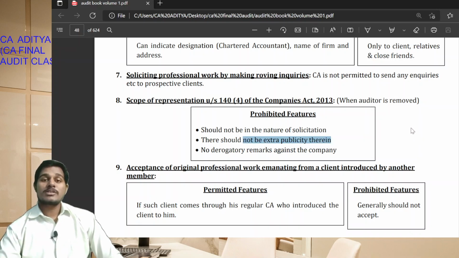If he is removed from the company, when he goes to the meeting he should not tell about his professional attainments, or that he has a high level of knowledge and skills for doing the audit, because it will amount to soliciting clients. Okay students.